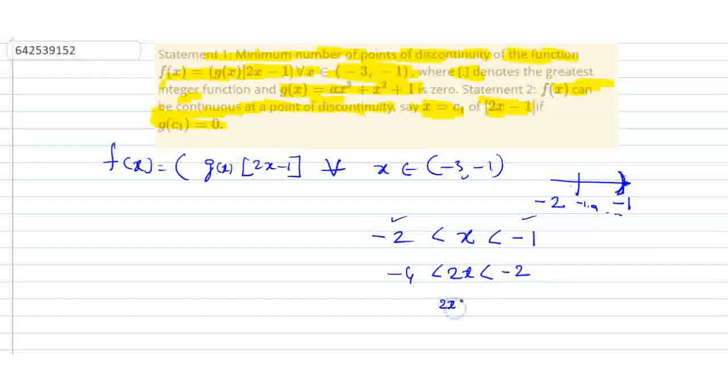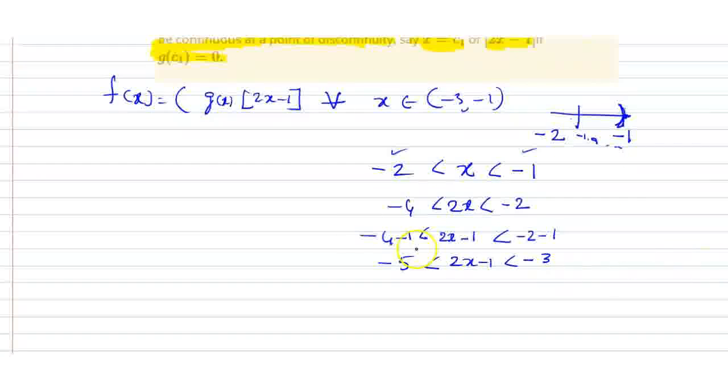Now I'll add minus 1 to this, and to this also. That is, minus 5 is less than 2x minus 1, which is less than minus 3. So 2x minus 1 values are going to lie between minus 5 and minus 3, right?